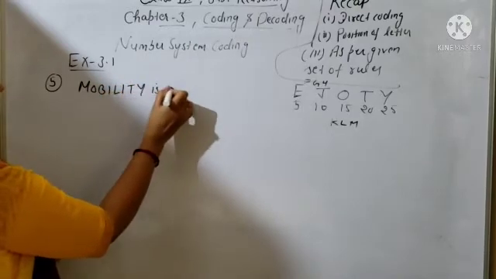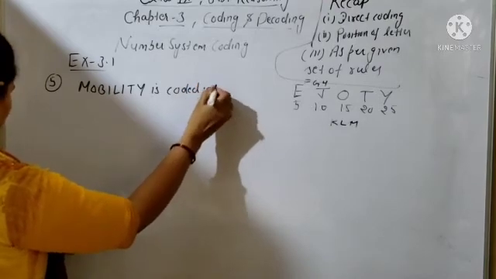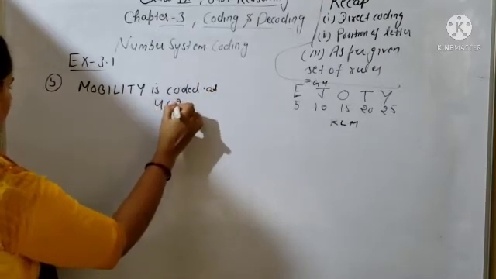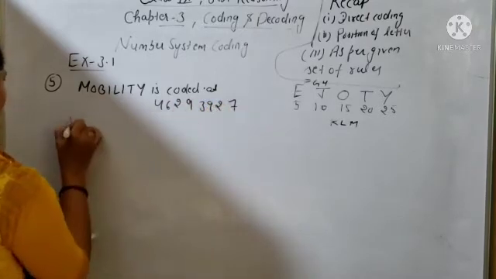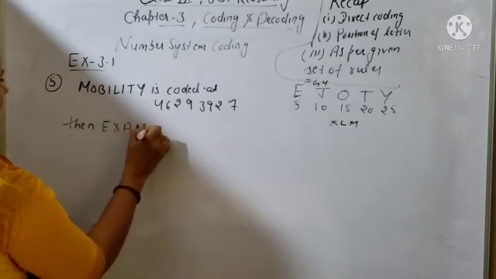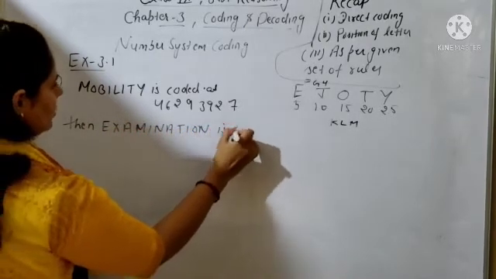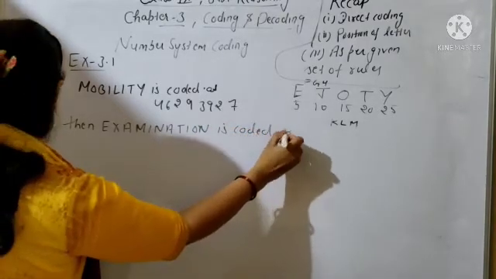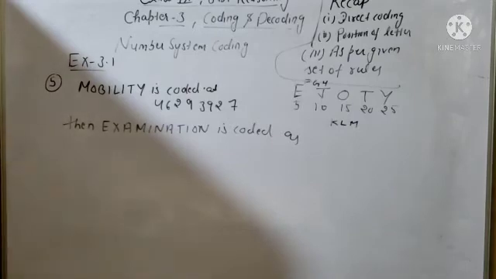MOBILITY is coded as 46293927. Then you have to find EXAMINATION. EXAMINATION is coded as, you have to find out. Clear?